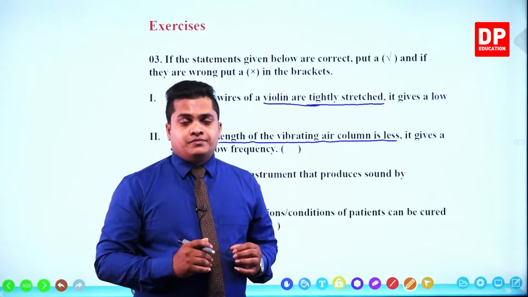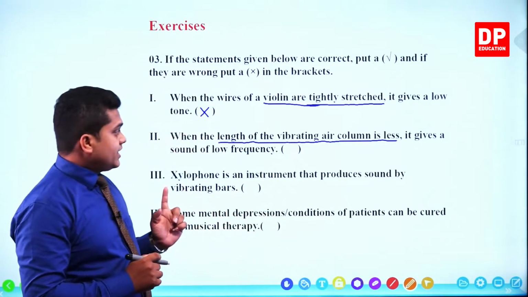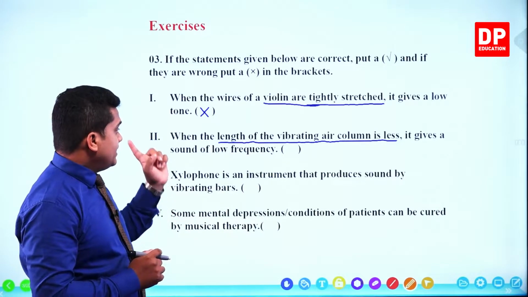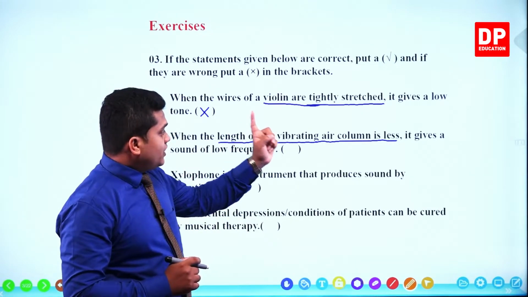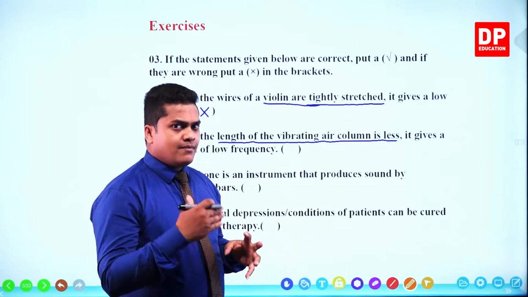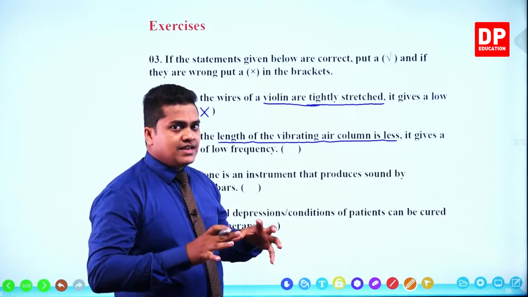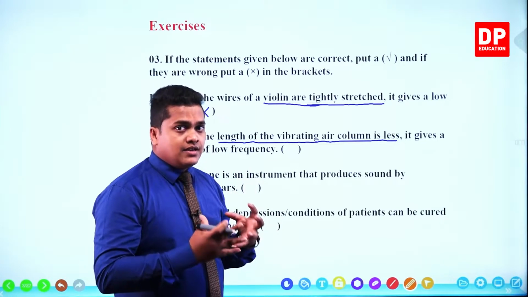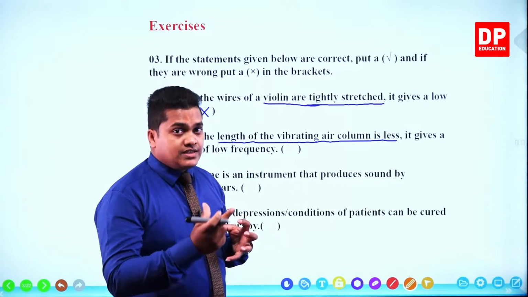So, the second statement says that when the length of the vibrating air column is less, the number of air particles is also less, which means they vibrate quite fast, so the frequency is high.